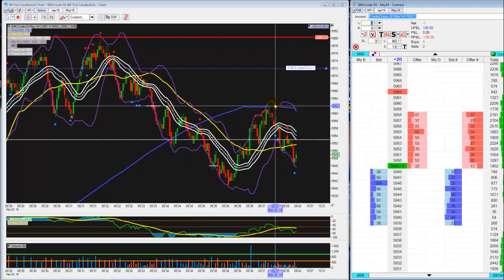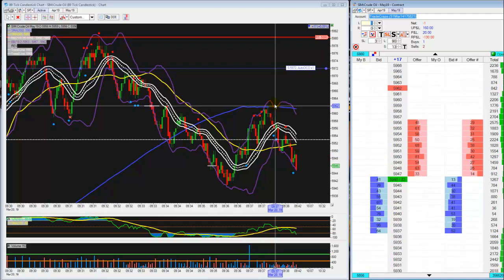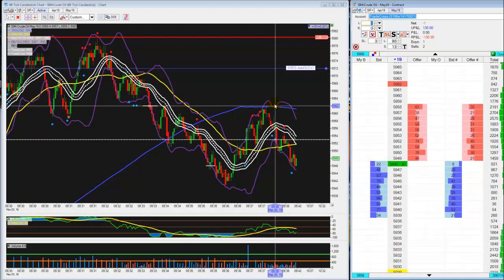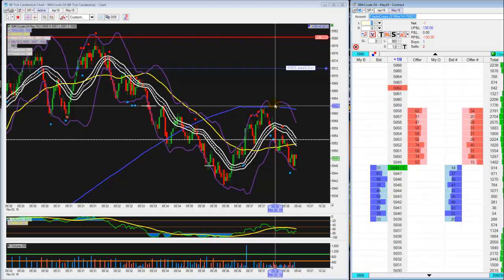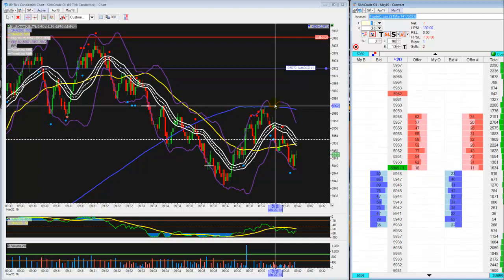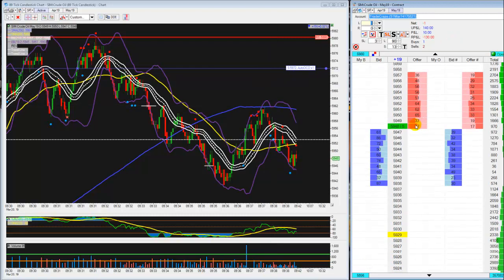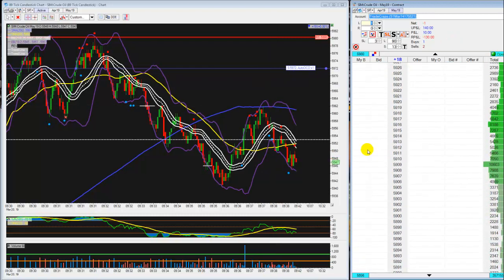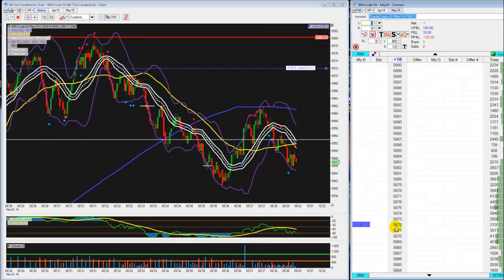I'll answer all questions after the trade's over. So we're looking for 32 on this down move now. What are we in? We're still at 90 ticks. $58.72.